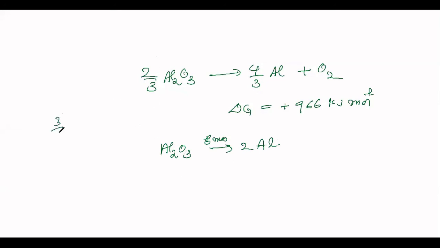So 2 by 3 into 6 moles. That much is required. For 1 mole, 6 moles are required. So for 2 by 3 moles, how many moles? So 2 by 3 into 6. This will be 4 moles. So 4 moles of electrons are required here.